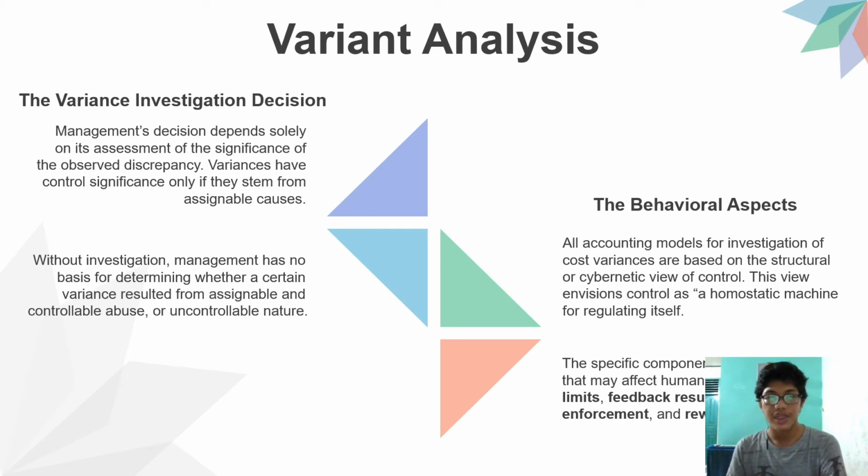And the second topic is about the behavioral aspect. All accounting models for investigation of cost variance are based on the structural or cybernetic view of control. This view can envision control as a homeostatic machine for regulating itself.